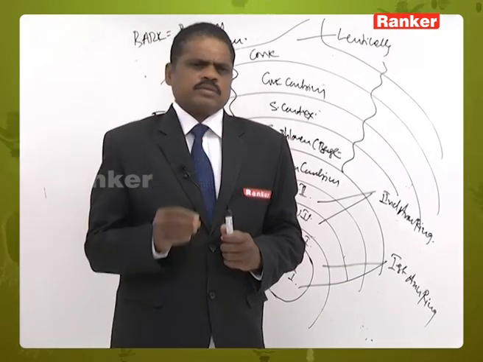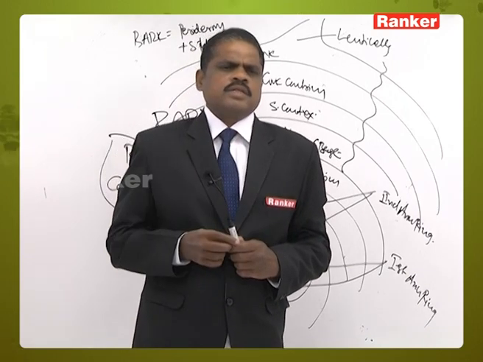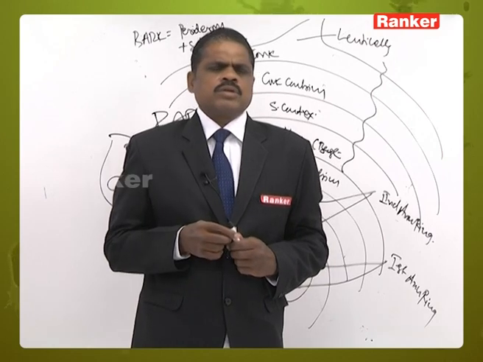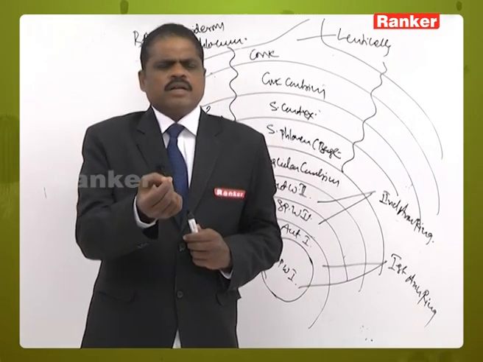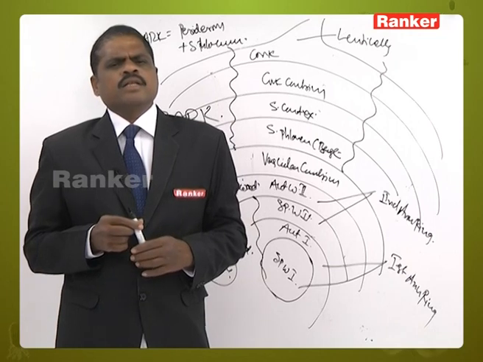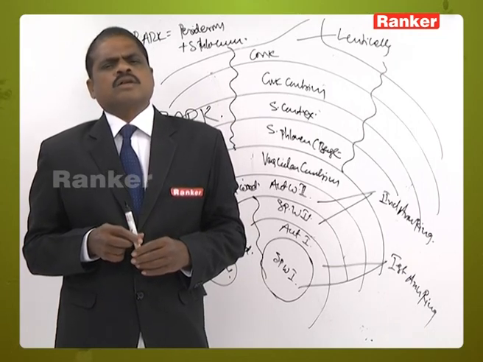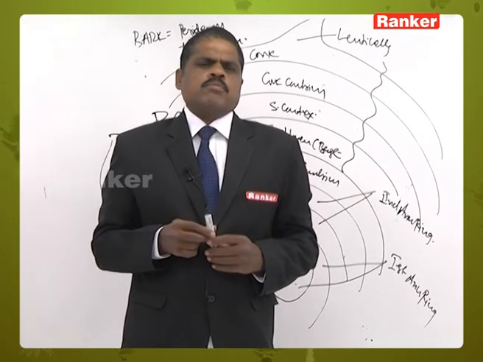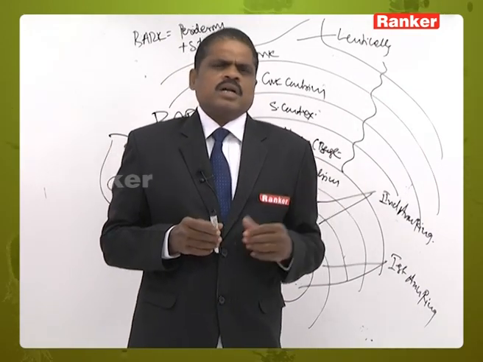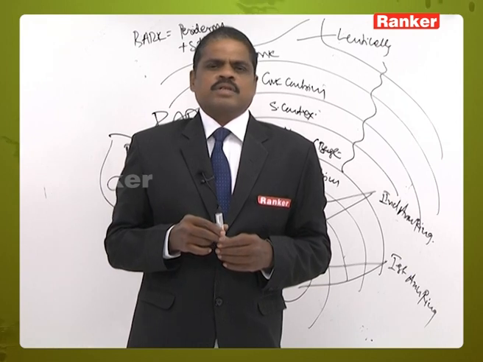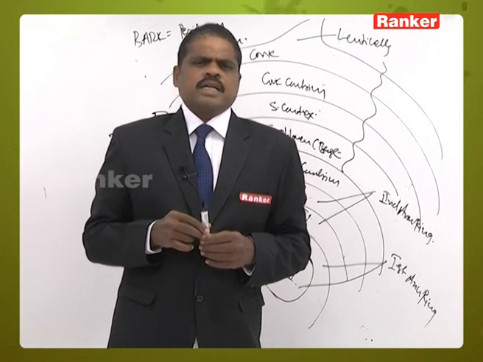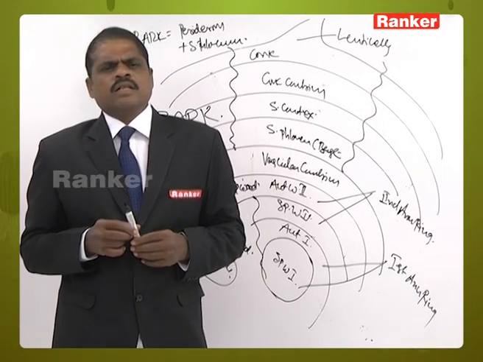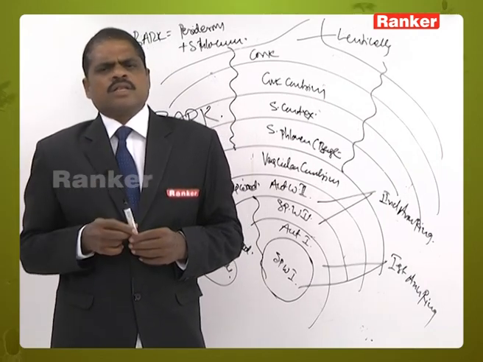Dicot root also shows secondary growth, but there is a small difference between the secondary growth of dicot stem and that of root. In a dicot stem, you observed how the vascular cambium formed. Intrafascicular cambium inside the vascular bundle is primary in origin.